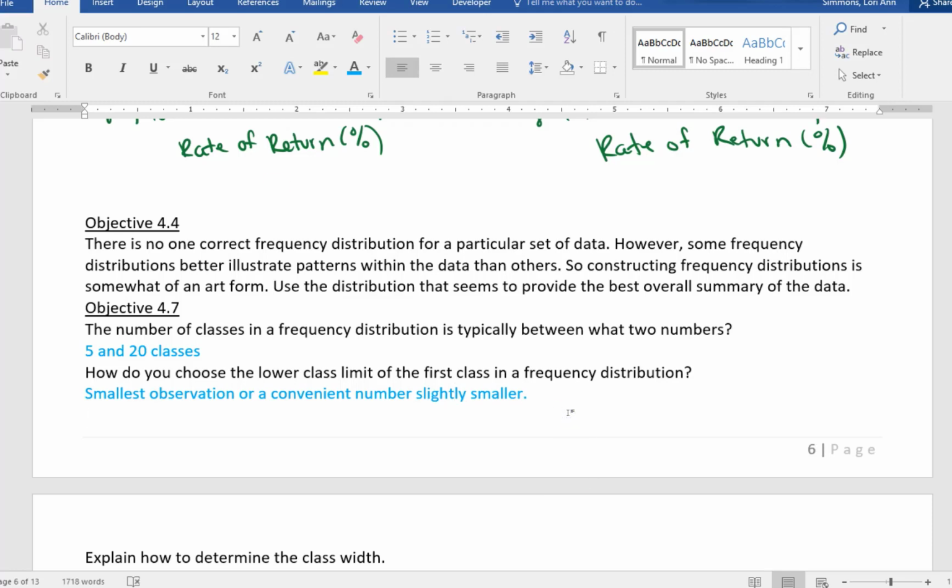So our lowest number was 8.28. We could have used that and gone up by 1, but we picked 8 because it was a convenient number.